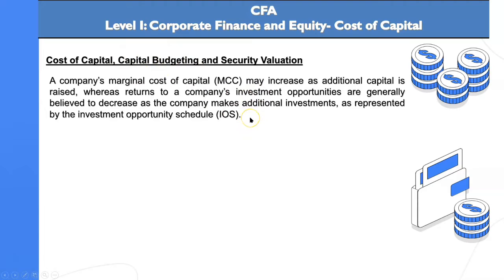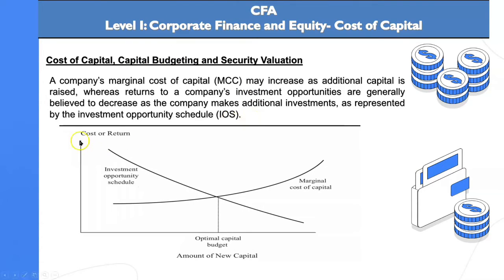Let us take a graph that might make it easier to comprehend. On the y-axis I have the cost or the return, and on the x-axis the amount of new capital. At zero, new capital is 0, and as we move this way, we take more new finance, debt and equity.